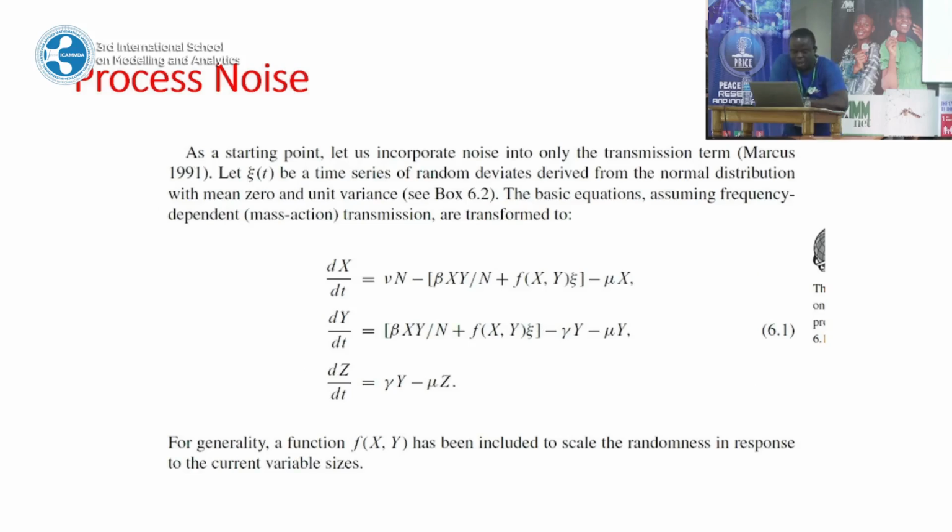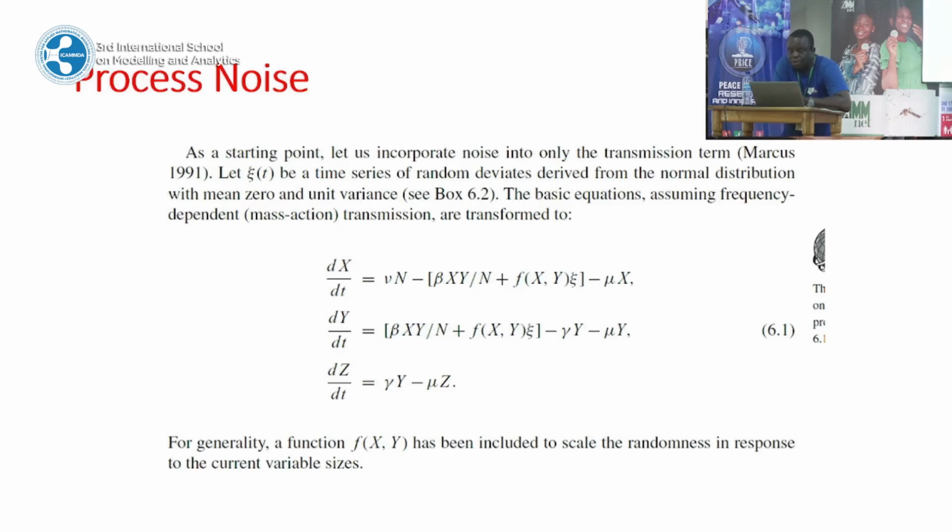So now, as a starting point, let us incorporate noise into only the transmission term, and let psi be a time series of random units derived from a normal distribution with mean 0 and unit variance. That's variance 1.